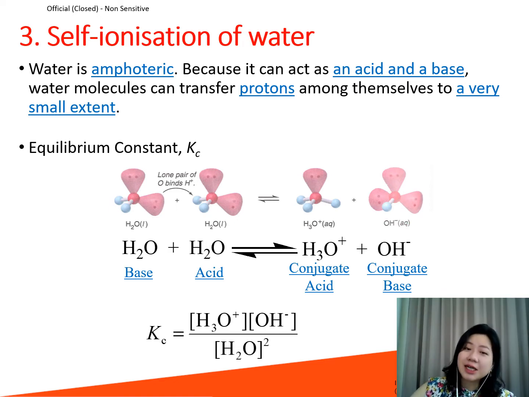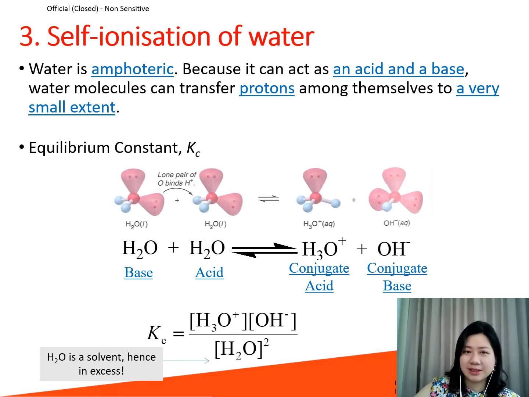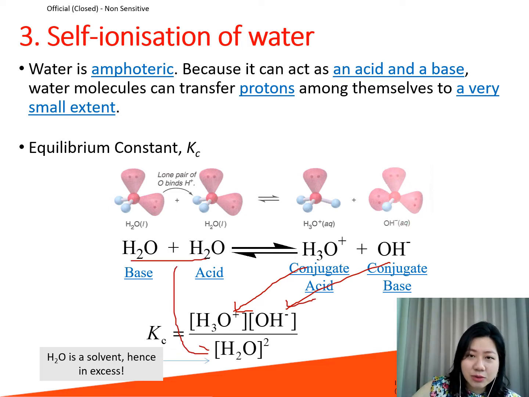Previously, in the previous chapter, you have learned about equilibrium and equilibrium constant. The equilibrium constant for this reaction is the concentration of H3O+ times the concentration of OH- divided by the concentration of H2O squared. But remember that H2O is a pure liquid and should not be included in the equilibrium constant.